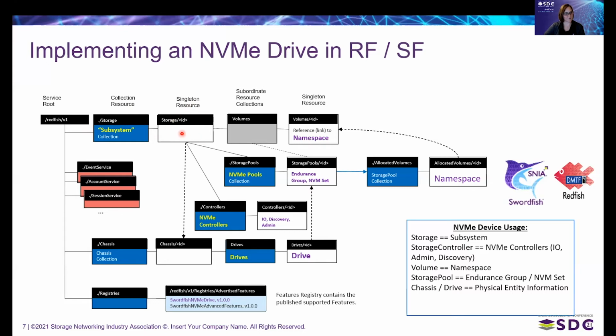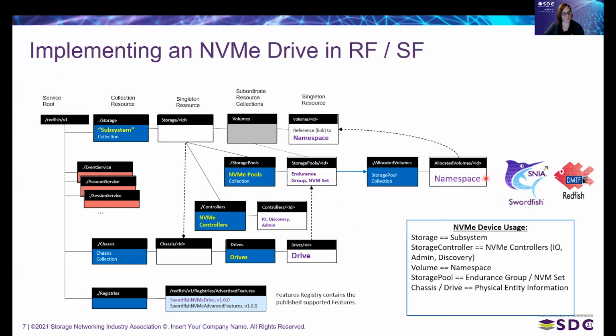And then there are related to that NVMe controllers, which leverage our controller object and hierarchy. So you can have IO, discovery, and admin style controllers. And then namespaces are, of course, volumes. So inside these more comprehensive object models for advanced capabilities like endurance groups and sets, those are mapped as pools.